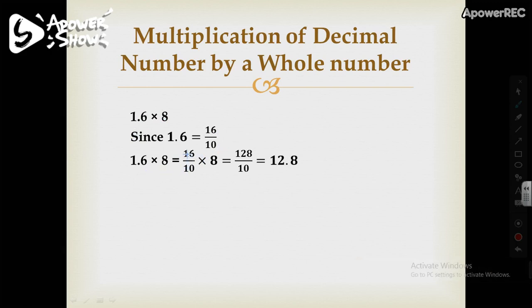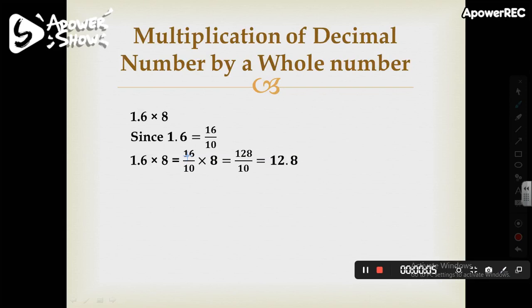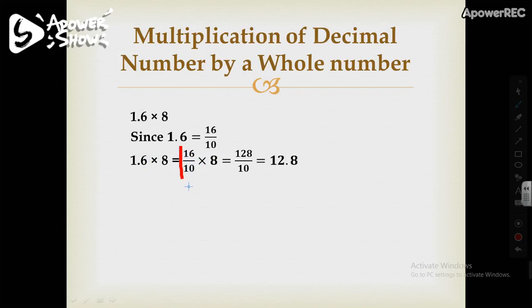But I want to find out this product directly without converting my decimal number into a fraction. So I don't want this step and want to find this product directly.